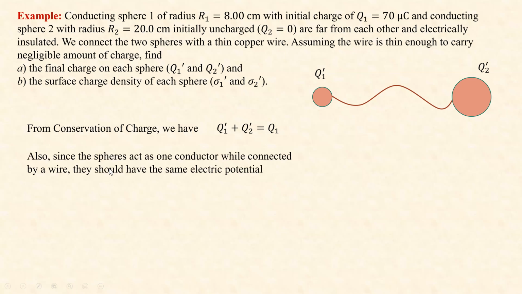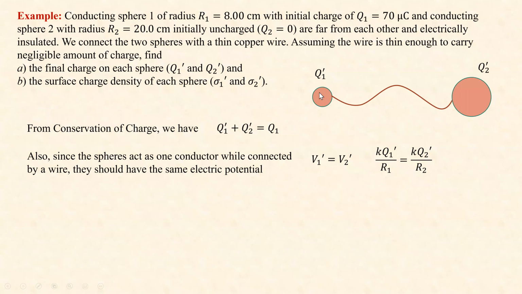On the other hand, the spheres have the same potential. So we have v1 prime equal to v2 prime, which is kq1 prime over r1 equals kq2 prime over r2, right? So this means potentials are the same, and we have conservation of charge.